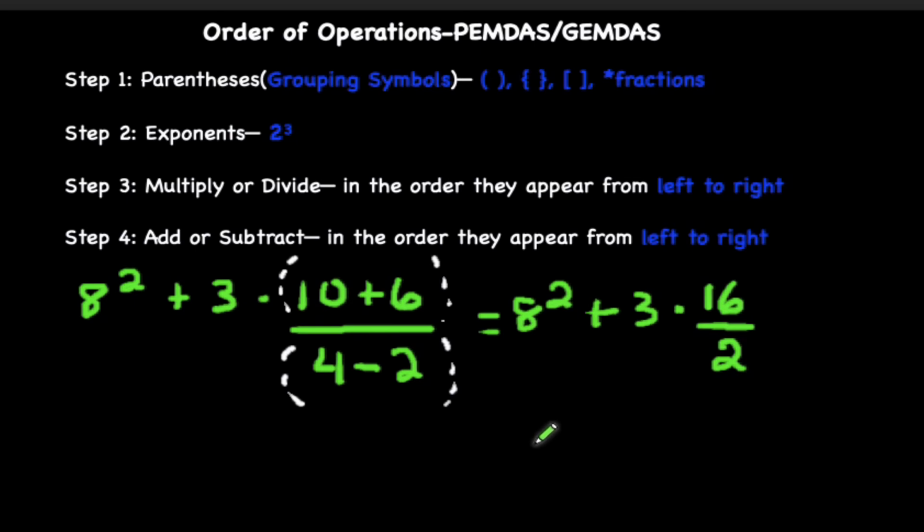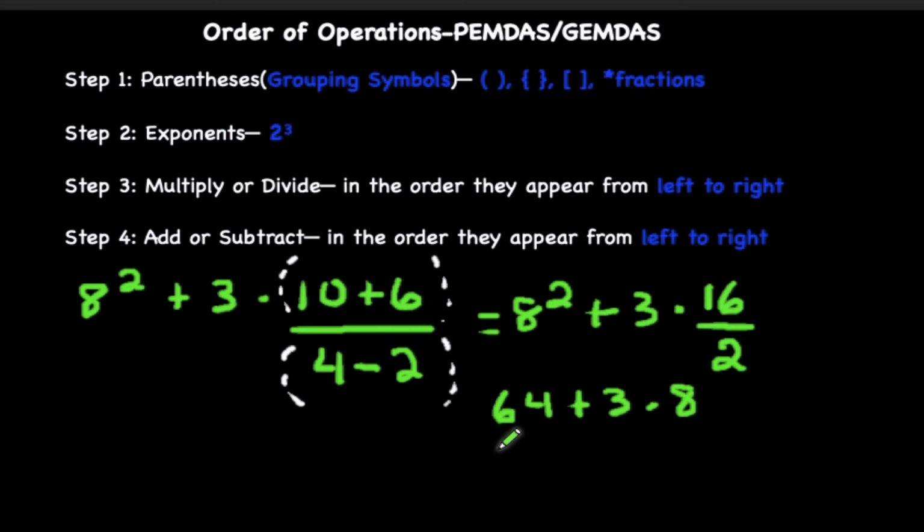8 squared is 64 plus 3. The only reason we did 8 squared first was because of the exponents. So plus 3 times 16 divided by 2, which is 8.